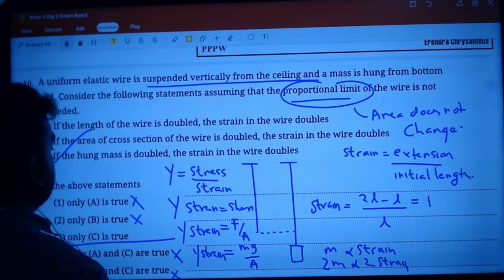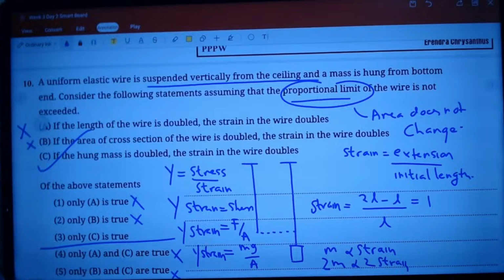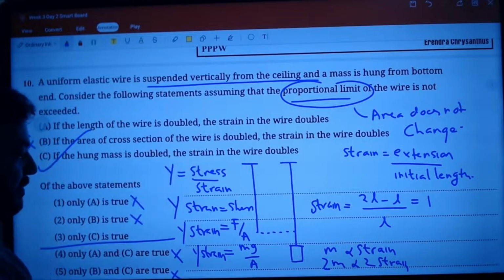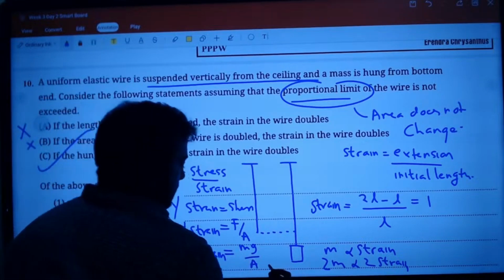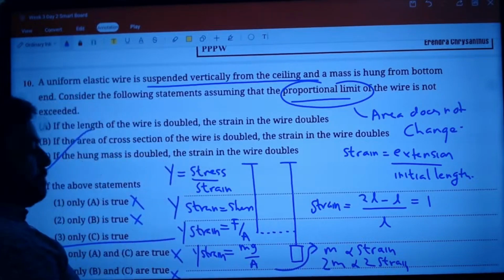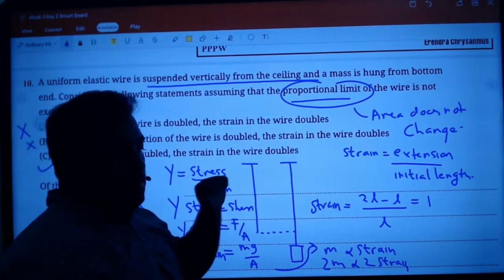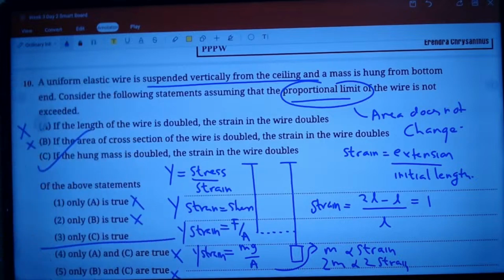What's the next one? If the mass is doubled, the strain will double. I have shown here, mass is proportional to strain. So when the mass doubles, the strain will also double.